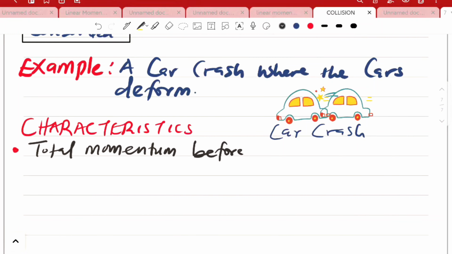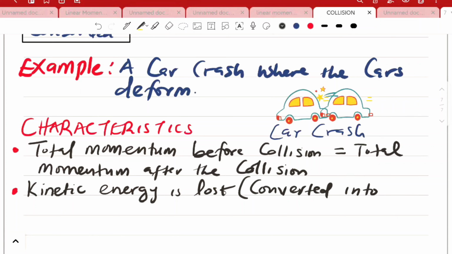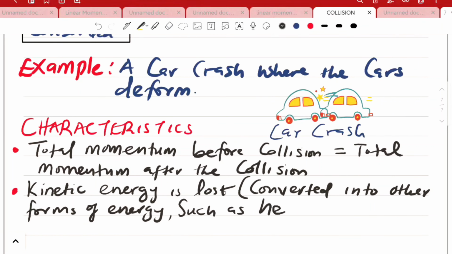Characteristics. Number one, total momentum before collision will equal total momentum after the collision. Then number two, kinetic energy is lost, meaning converted into other forms of energy, such as heat or sound, which is why you hear a loud boom when there is an accident.